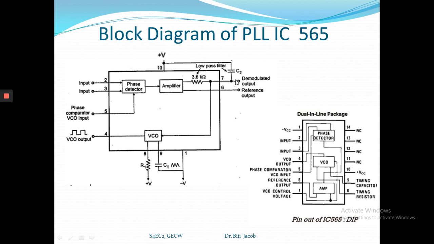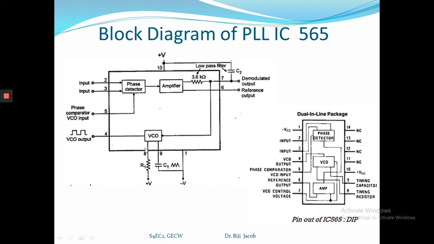This is the output of the low pass filter. So the demodulated output is the actual output of a PLL. Then you can get a reference output also. The low pass filtered output is used as a controlling signal to the VCO. This is the VCO output, pin number 4.